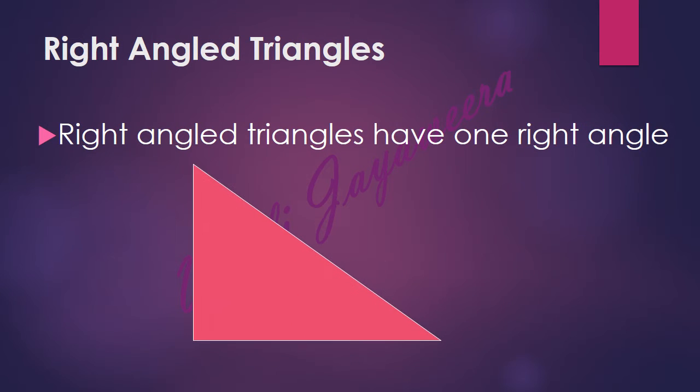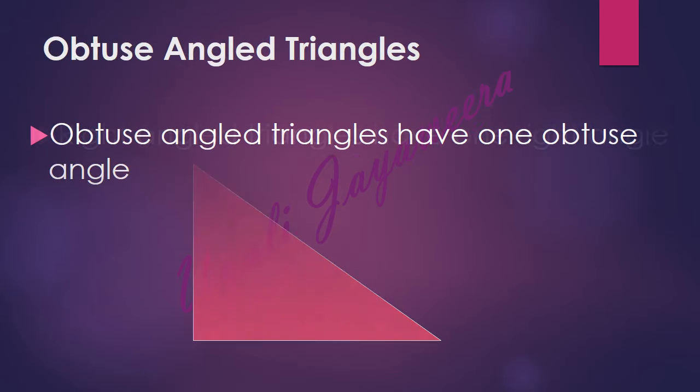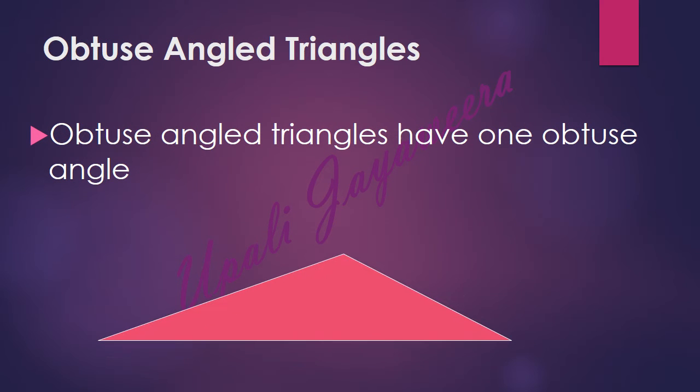Right angle triangles have one right angle. Then the other two angles will be acute angles. Obtuse angle triangles have one obtuse angle. The other two will be acute angles.